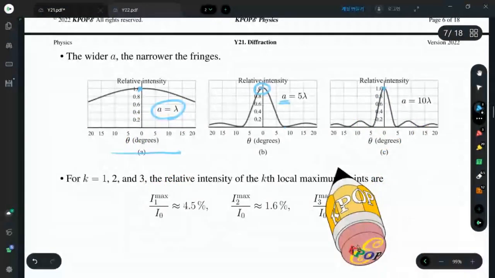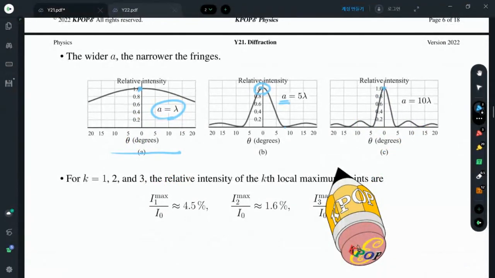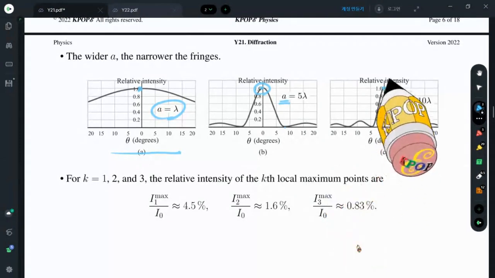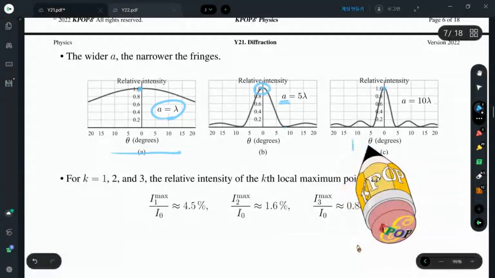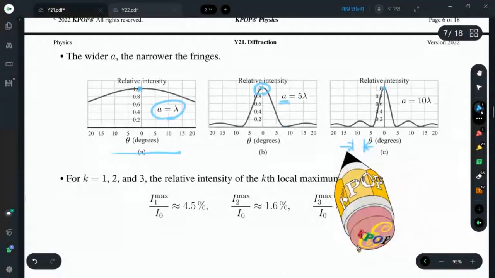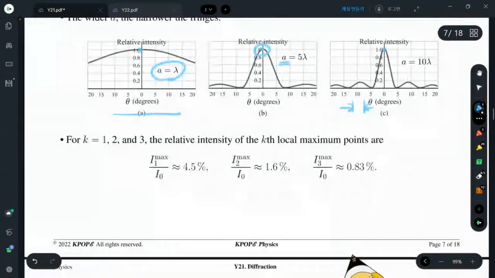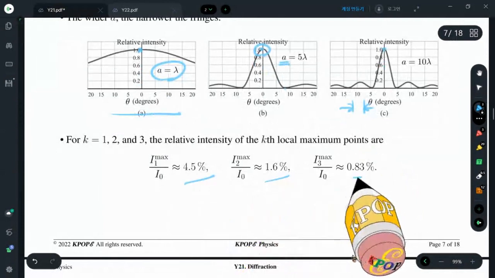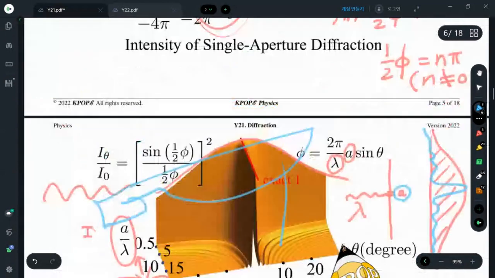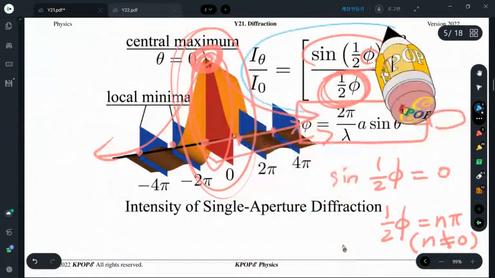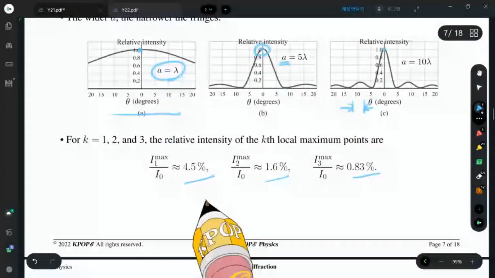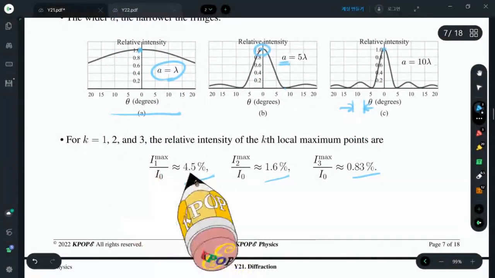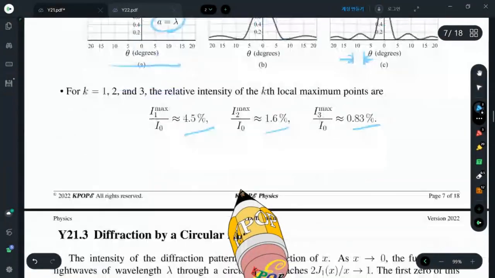Okay? And as you increase the width of the aperture, then the fringe pattern appears repeatedly with a narrow width. Okay, so there are some numerical values. When you substitute explicit value for this formula, you will find numerical values for the relative intensities.